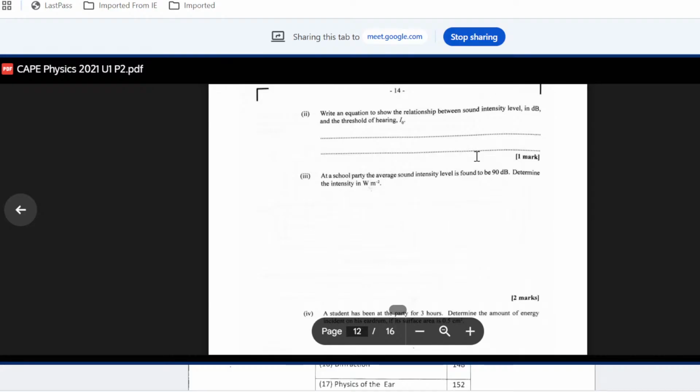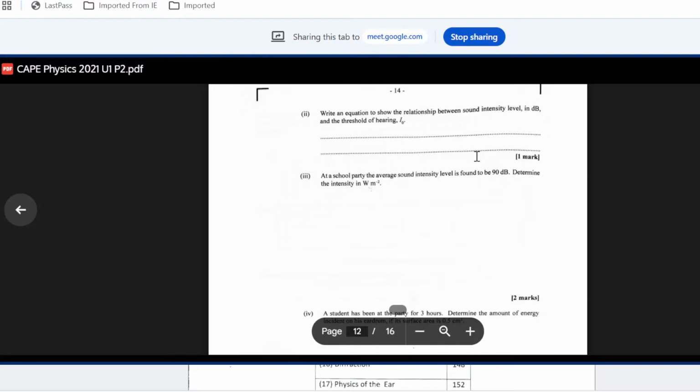Okay. So 10 log I over I naught. My question for the logs: do you need the 10 to be there?